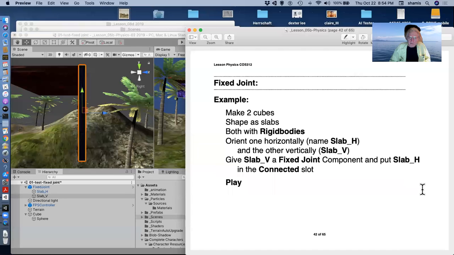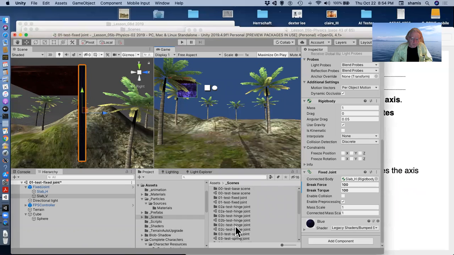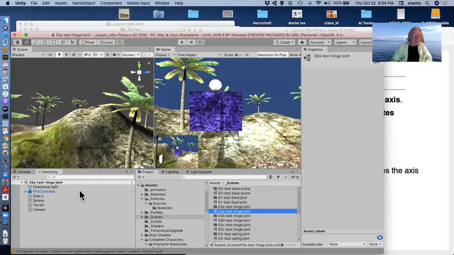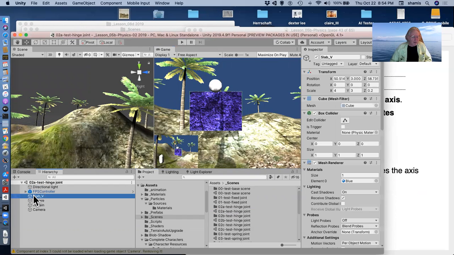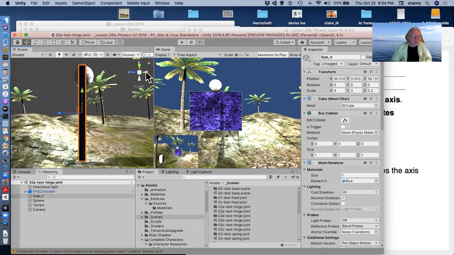Now, here's the walkthrough of what to do to make that. The next kind of joint is the hinge joint. Don't save. So here's a hinge joint. And here my vertical slab is now sitting here in the world.